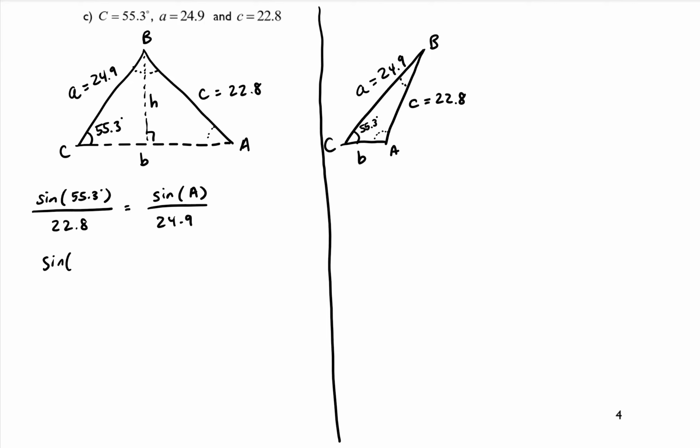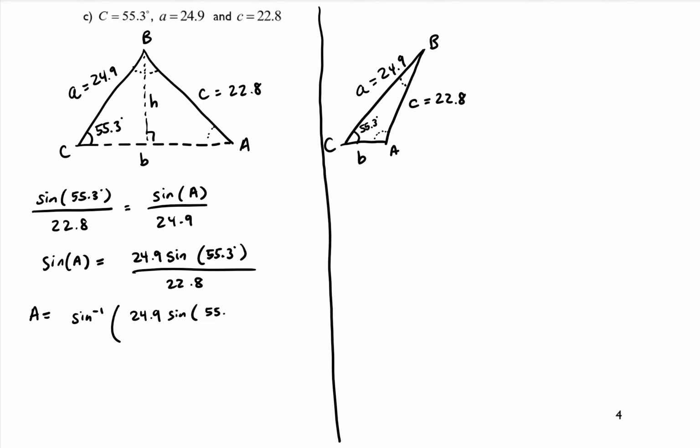Then we get that sine of A is equal to 24.9 times sine of 55.3 degrees over 22.8. And then finally, if we use sine inverse on both sides, we get sine inverse of 24.9 sine of 55.3 degrees over 22.8.